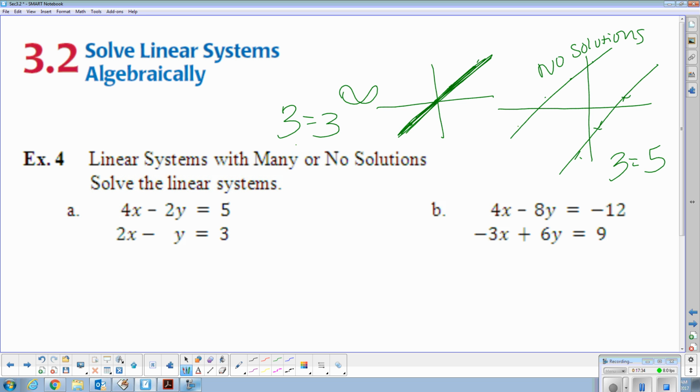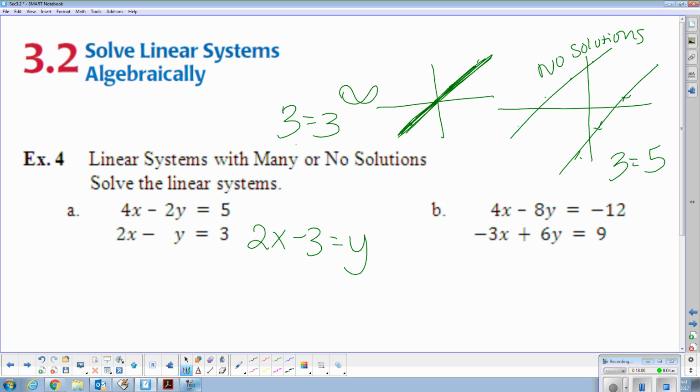So looking at the first one, linear system with many or no solutions, solve the linear systems. Are we going to use substitution or elimination? Substitution. What variable are we going to solve for? In the second equation. So rewrite that, 2x minus 3 equals y.